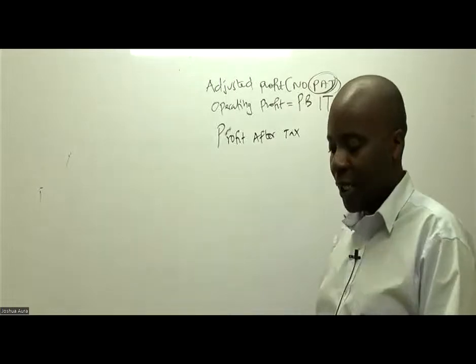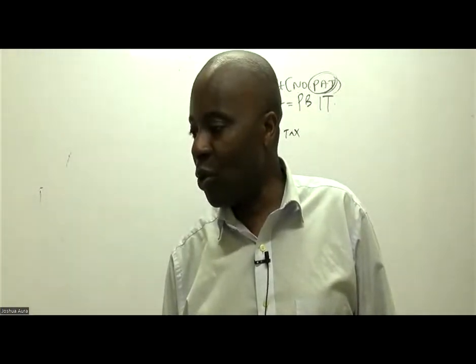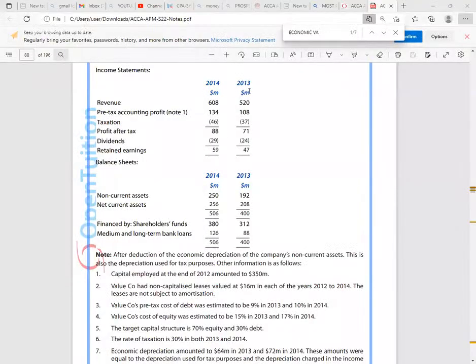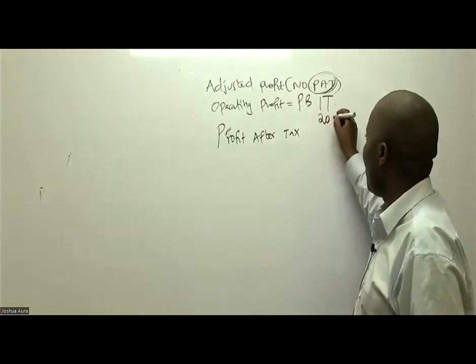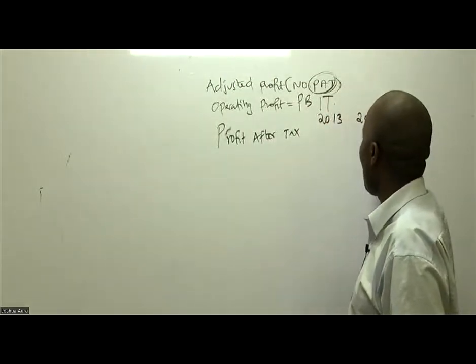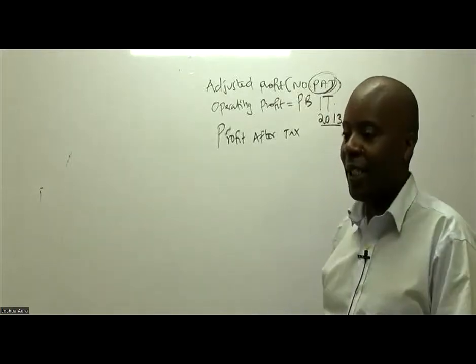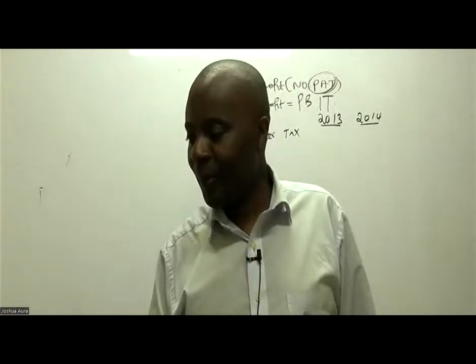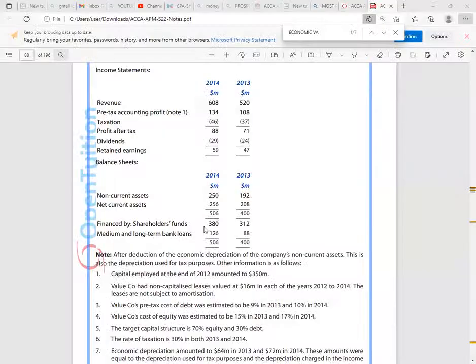Remember, we have got 2 years. Which years are these? We have 2013 and 2014. Write them in the way that you're used to. So are you able to see the profit after tax in 2013?